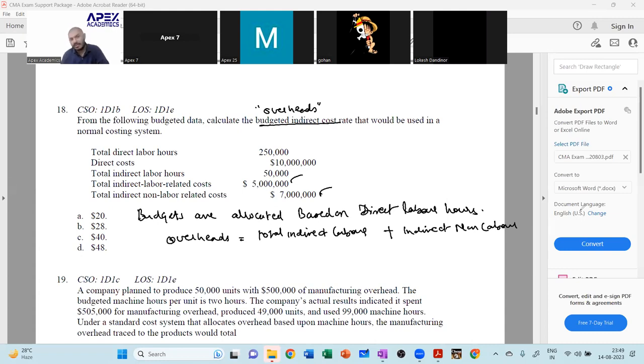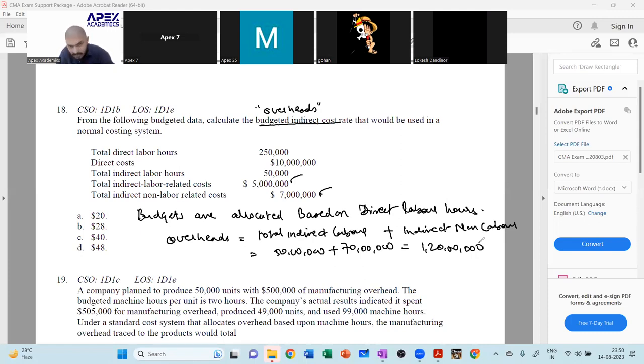Anything which is not related to labor but is an overhead can come over here, right? So we are looking at 50 lakhs plus 70 lakhs, which is 1 crore and 20 lakhs.